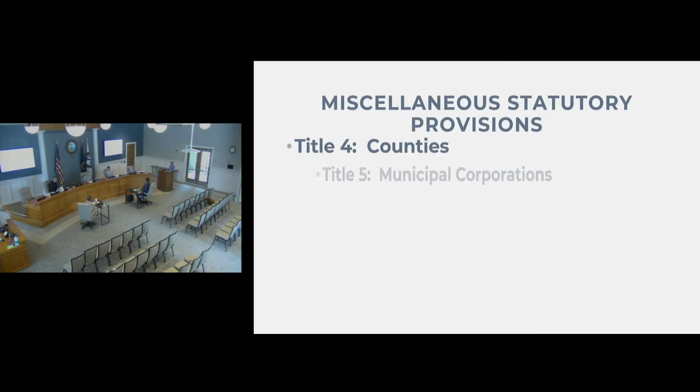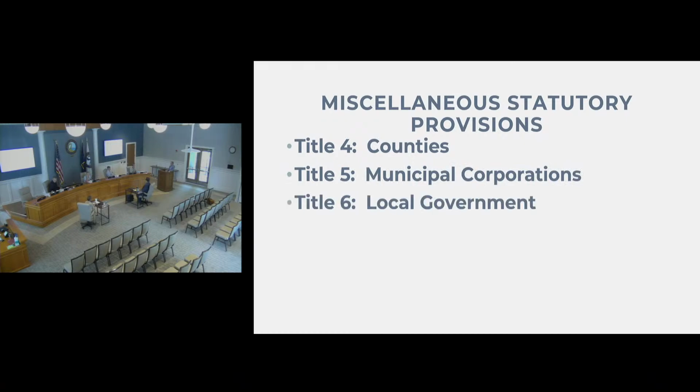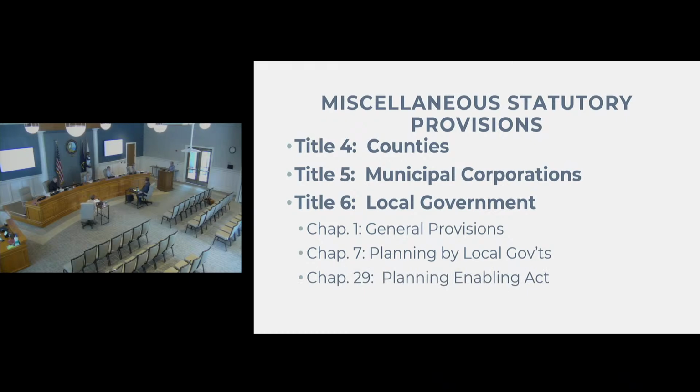We go to the statutes, we've got Title IV that addresses counties, Title V cities, Title VI local government in general, and it's within Title VI that we get most of our planning statutes.